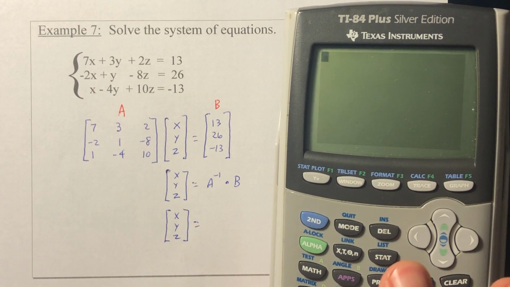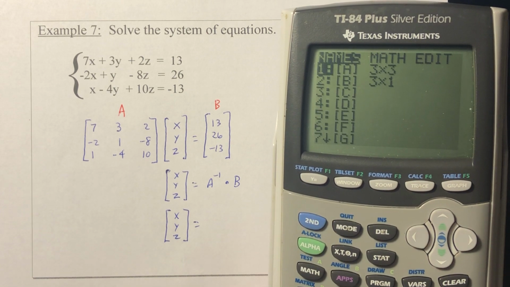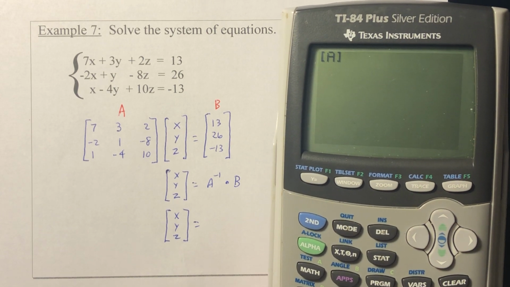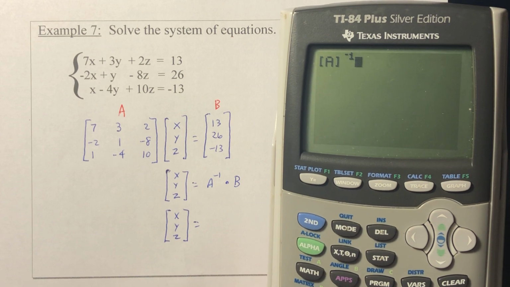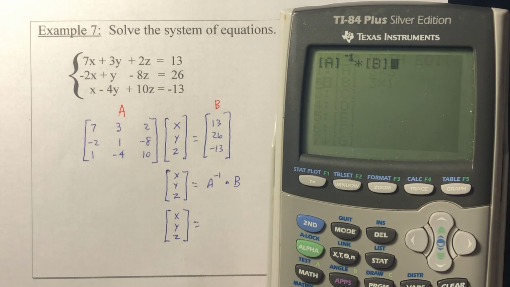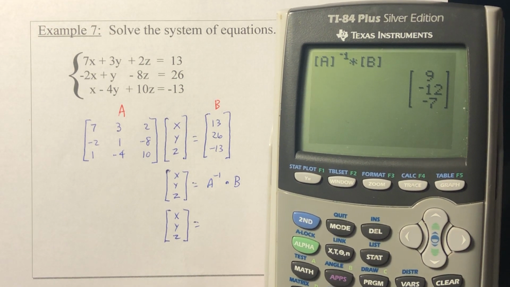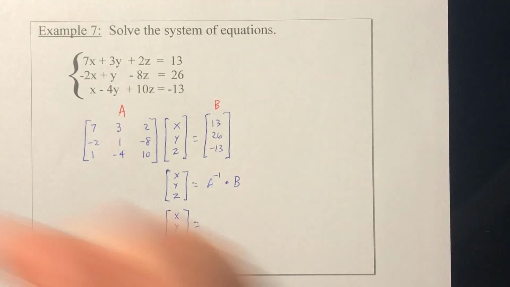So there's matrix B. Now we determined already we have to do the inverse of A times B. We have our matrix A, matrix B already in our calculator. So let's go to matrix. We're going to choose matrix A. I want the inverse, so get that little -1 button. Times, go back to the matrix, matrix B. There's your answer: 9, -12, -7.